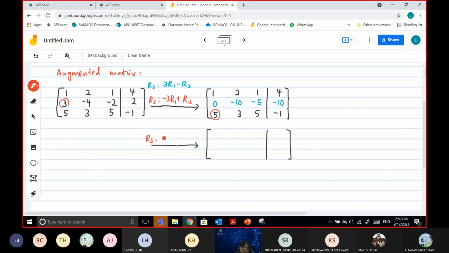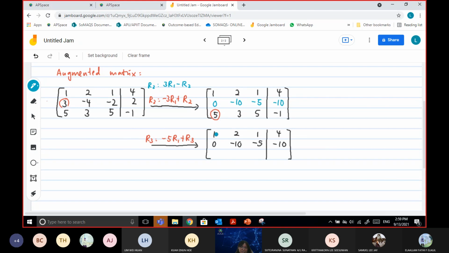So I'm taking negative 5 times R1 plus R3. We remain the answers for the first two rows, then get the answer for the third row.